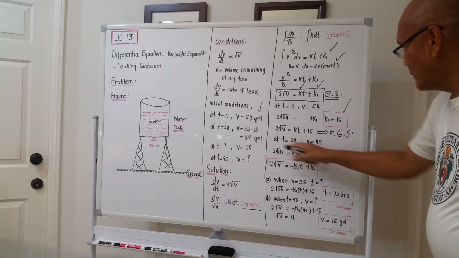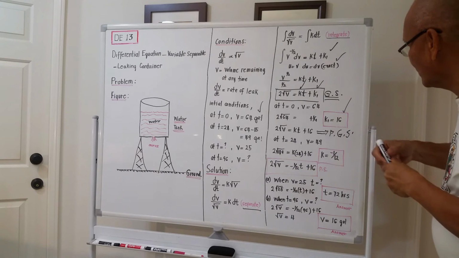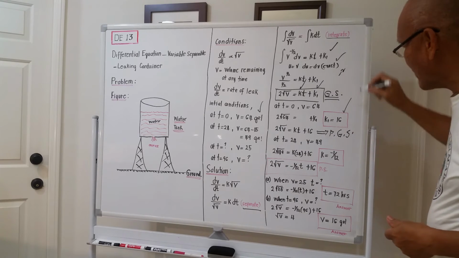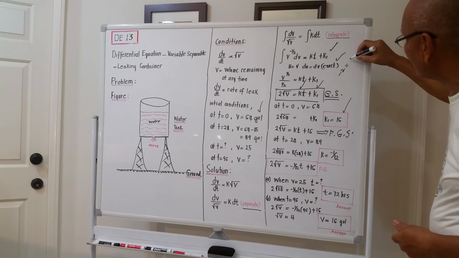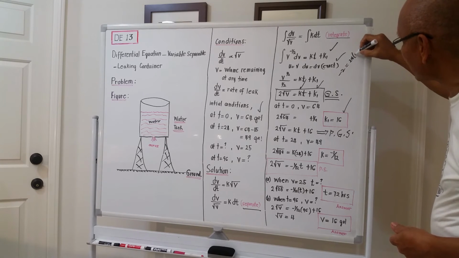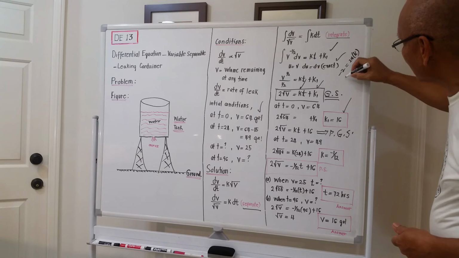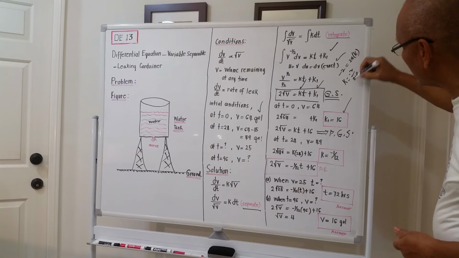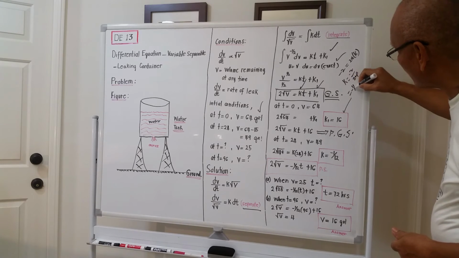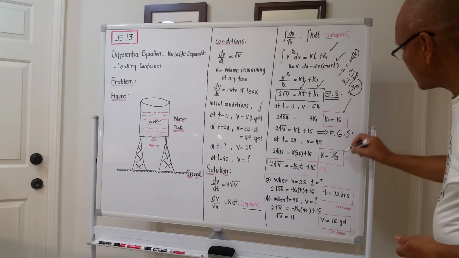Okay? 14 minus 16 will be minus 2, right? Equal to 24 times k. So k now will be equal to negative 2 over 24, or k is equal to negative 1/12.